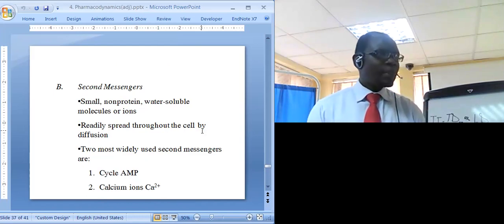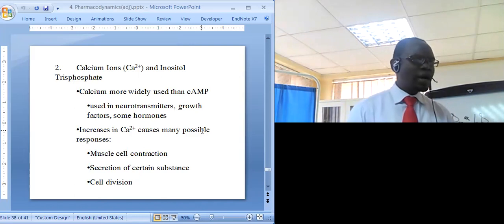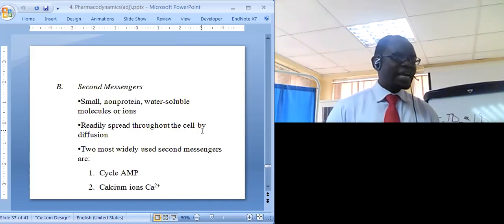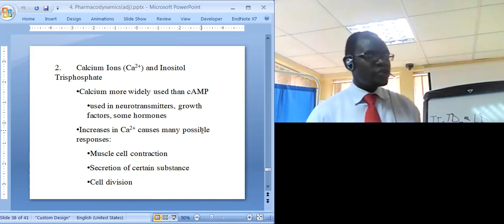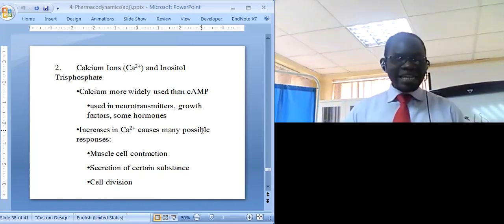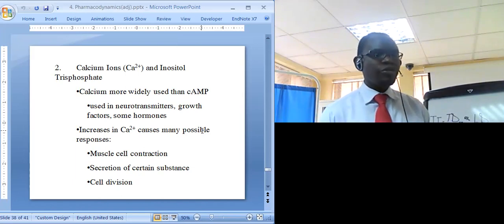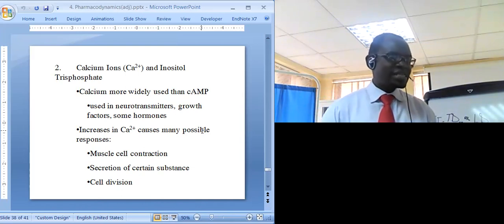Calcium ions and the inositol phosphates: calcium is more widely used than cyclic AMP, and it is used in neurotransmitters, growth factors, and in some hormones. So those drugs that are hormones, those drugs that are growth factors, use calcium ions as their second messengers.